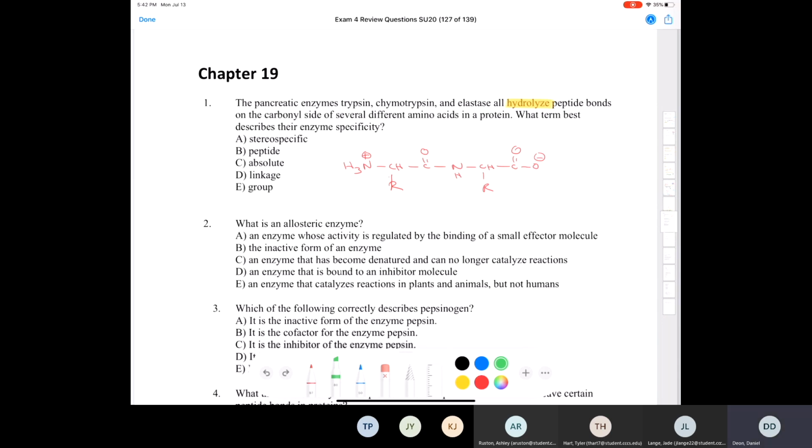They're not peptide specific. They're not absolutely specific. What are they specific to? They're specific to the linkage, because linkage is described as a type of bond. And so the answer is linkage. And we could even write that in here. So, type of bond. Okay. All right.